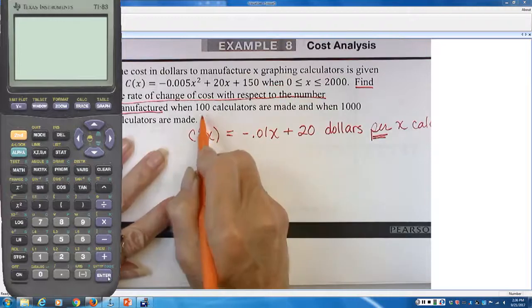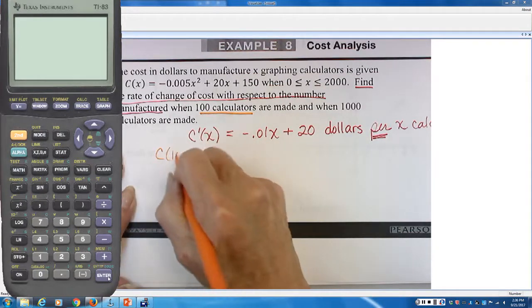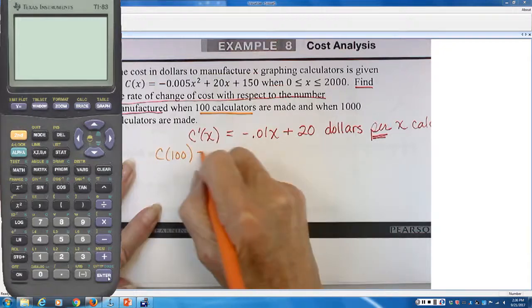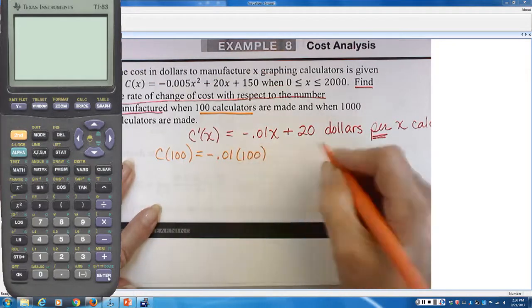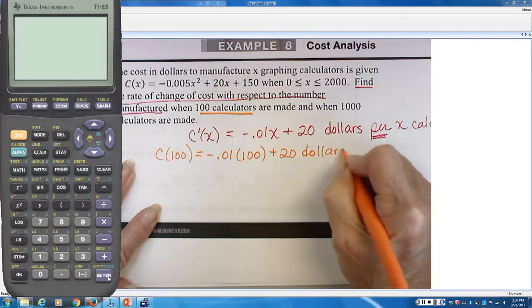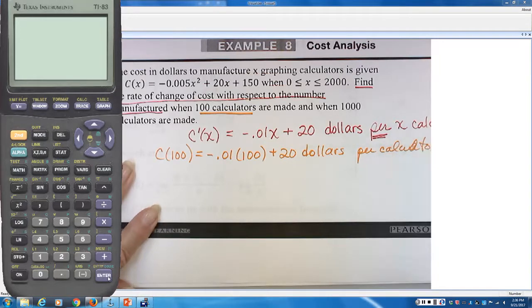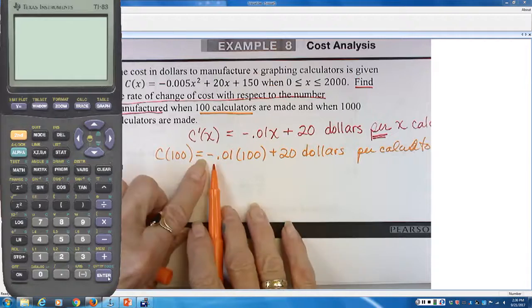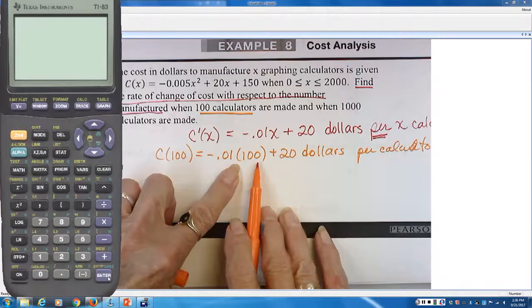When you make 100 calculators, negative 0.01 times 100 is actually negative 1. You move the decimal 2 places by multiplying by 100.